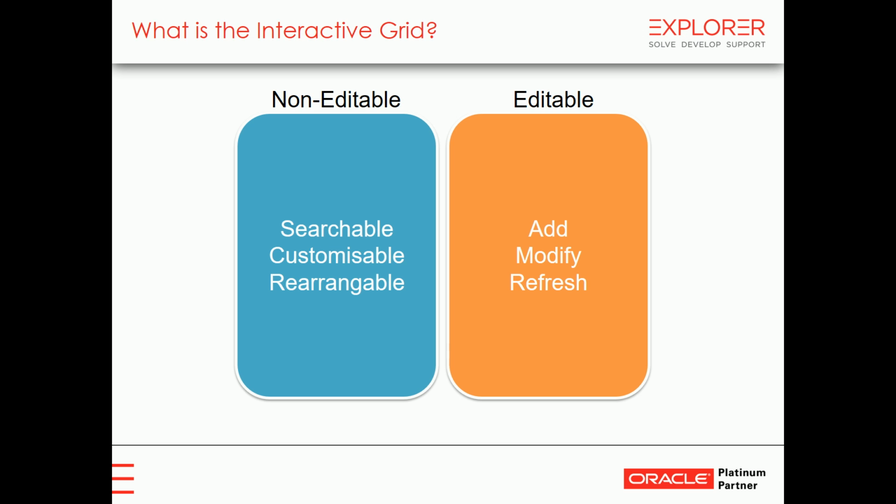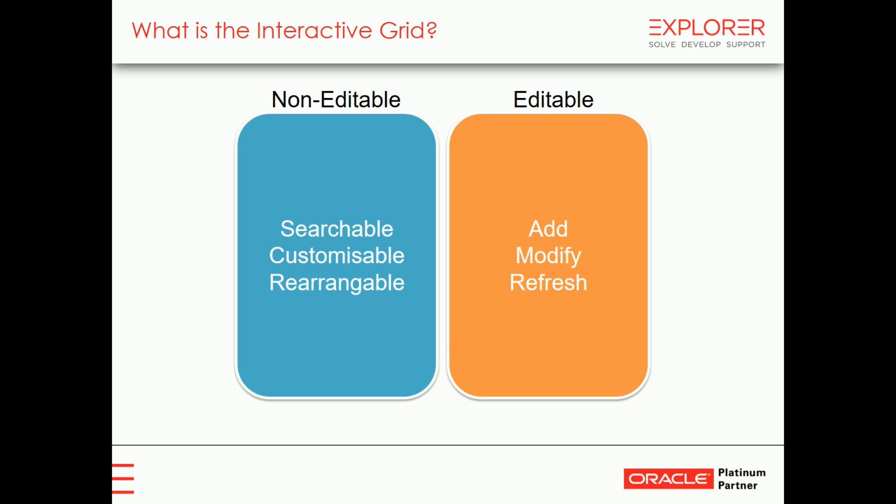Okay, so if we look at the main features of each of the versions. So in the non-editable side, we've got all interactive grids are searchable. It's very similar to interactive reports. You can search across the whole grid, or you can search within certain columns, and you've got some more advanced filtering options as well.